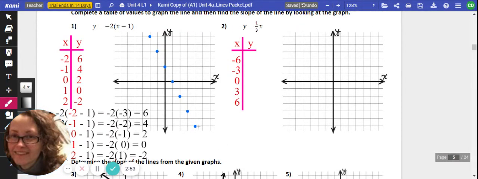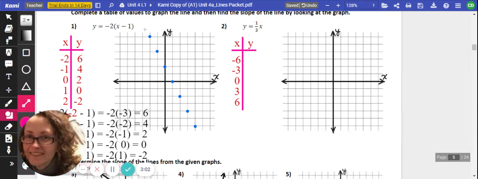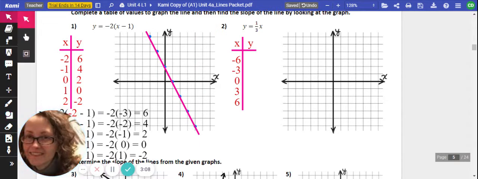Once I've finished graphing the points from top to bottom on my graph, I can go ahead and construct a straight line through those points. I make sure it goes through all of the points exactly as well as I can.